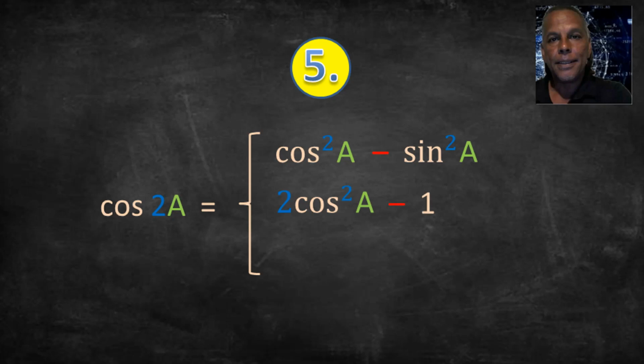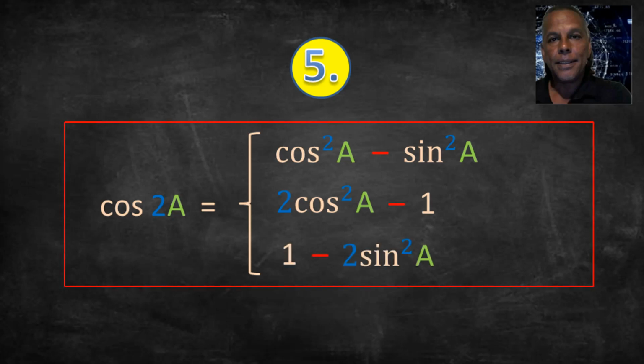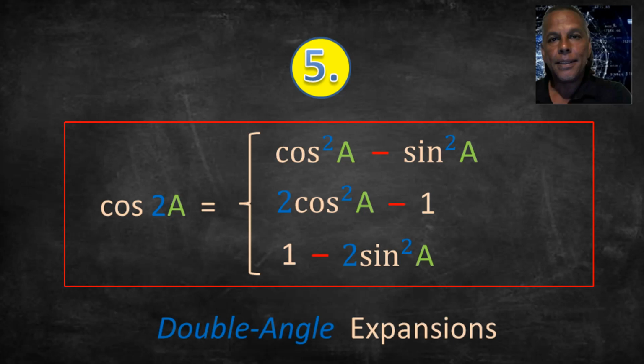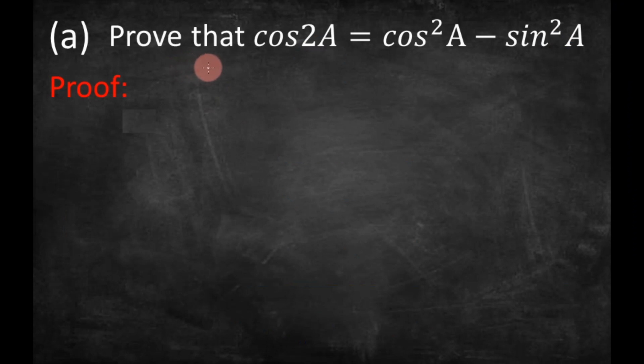And it's also equal to 1 minus twice the sine squared of a. These three expansions of cos 2a are known as double angle expansions, since 2a is considered to be a double angle. Let's look at the proof for each of the three expansions for cos 2a.